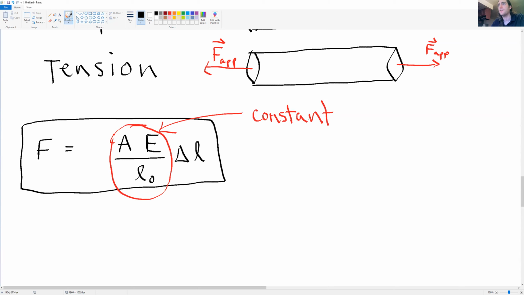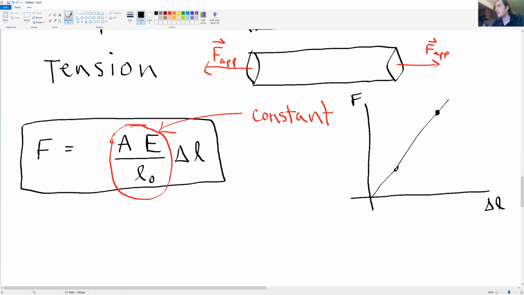If I were to ask you on a test, I plot F versus delta L, and I give you this point here and this point here, and you calculate the slope of this line, the slope is A E over L0. That's the slope of that line there.